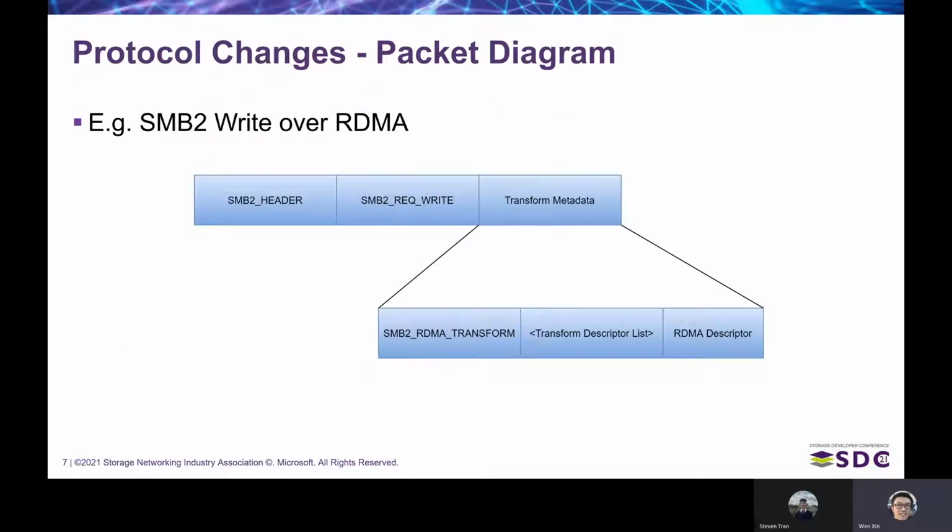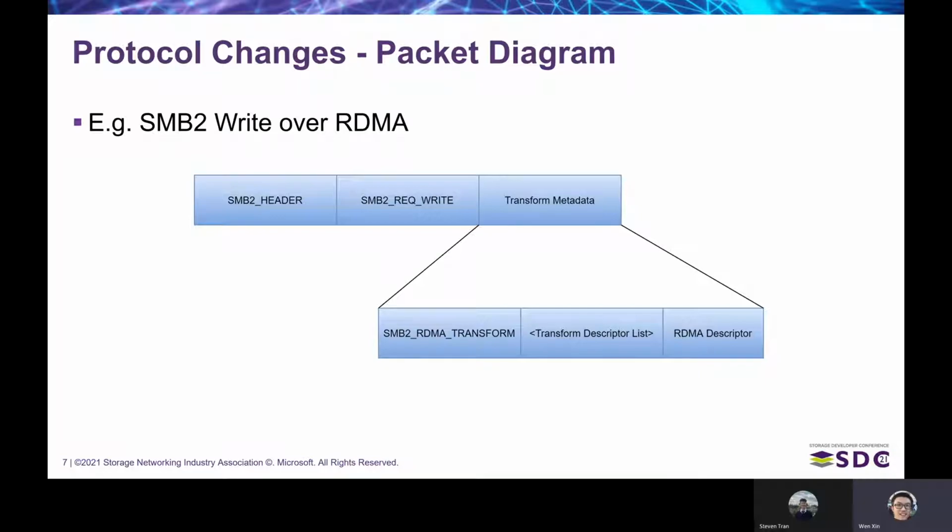There's a new packet payload design for read and write over transformed RDMA. If you're familiar with plain text RDMA, there's a token you have to obtain in order to use direct data placement from the RNIC, and then you send the token to the other side, and it can pull or push the data.